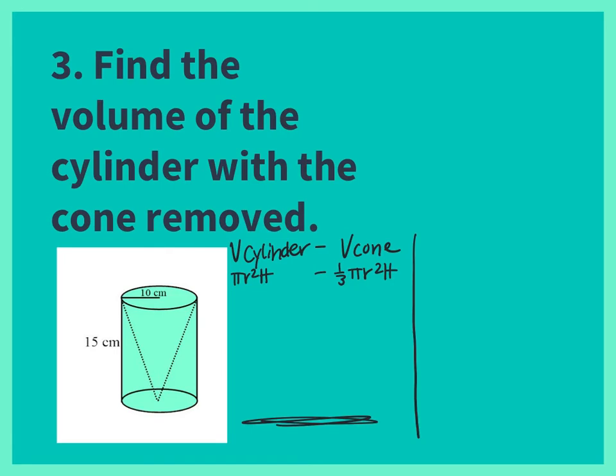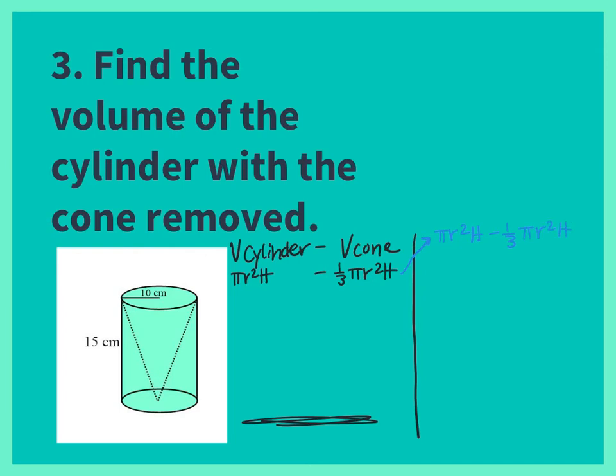This will absolutely work. But we can also try to generate a formula that allows us to only substitute the numbers in once. So if I bring this formula over here, pi r squared h minus 1/3 pi r squared h.